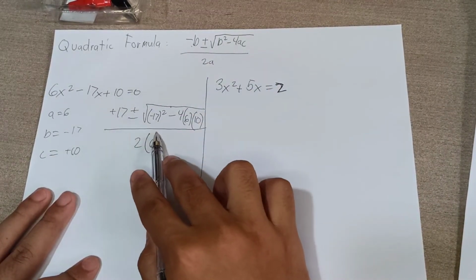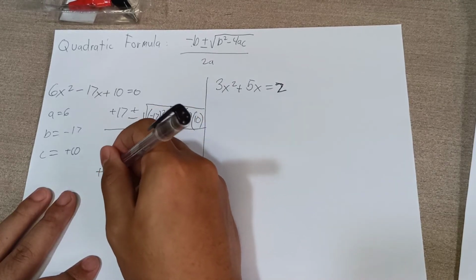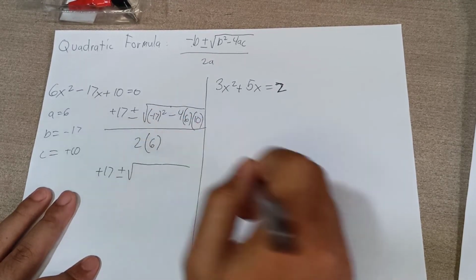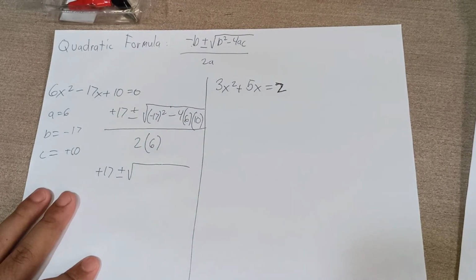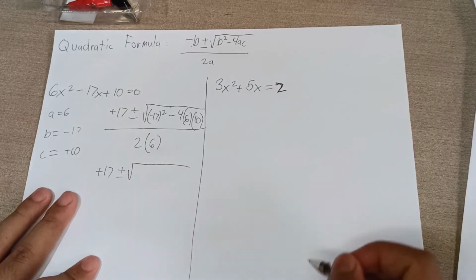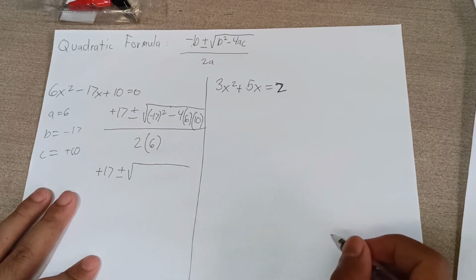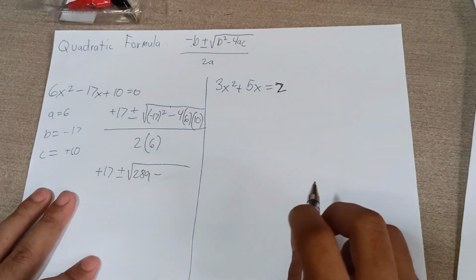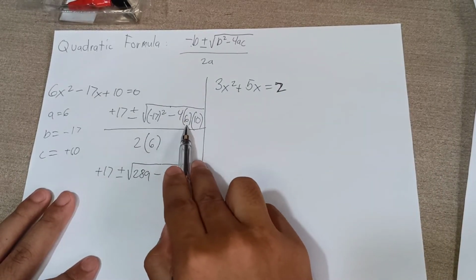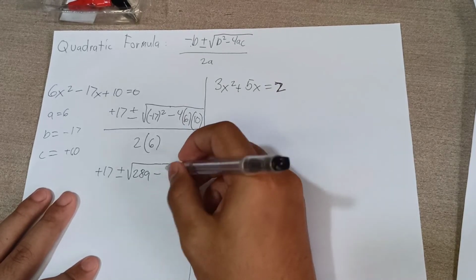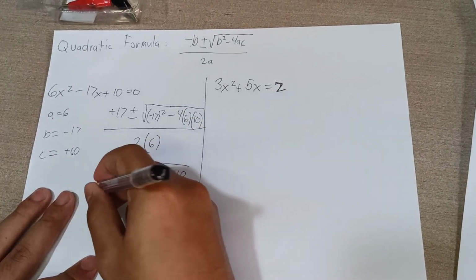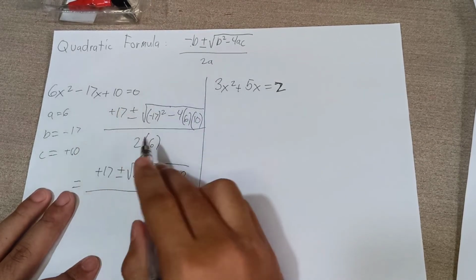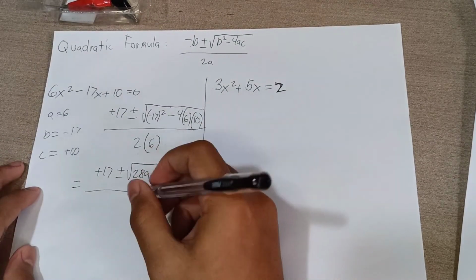Now first we will simplify the square root part. Positive 17 plus or minus the square root of negative 17 squared, which is positive 289, minus 4 times 6 times 10, which is 240, all over 2 times 6, which is equal to 12.